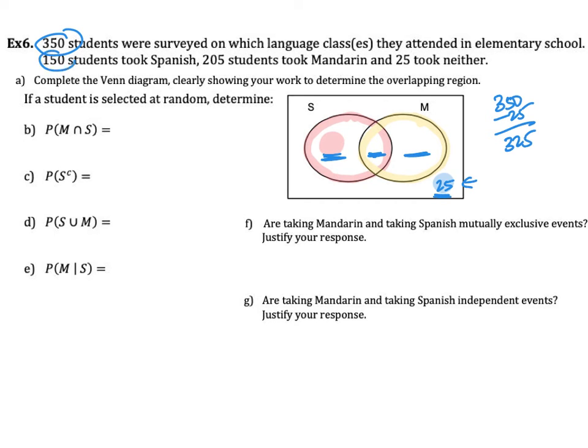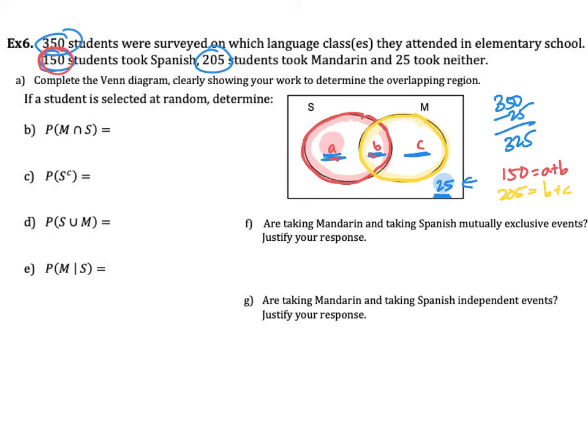If I look at these numbers, I have 150 for Spanish and 205 for Mandarin, but that 150 for Spanish is this entire circle, so these two have to add up to 150. If I call this A, this B and this C, I know A plus B has to equal 150, and for Mandarin, B plus C has to equal 205.